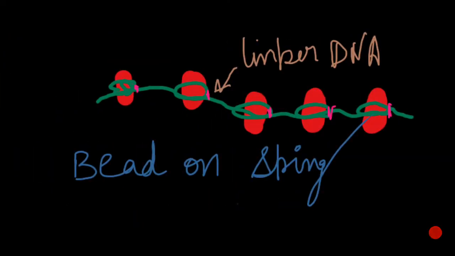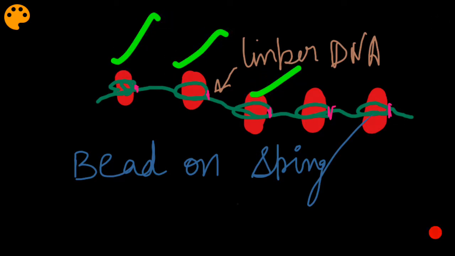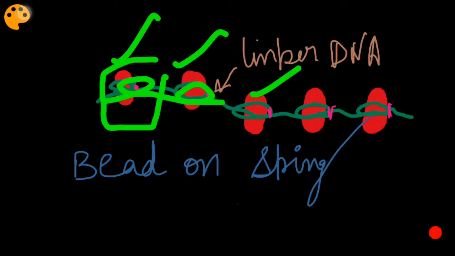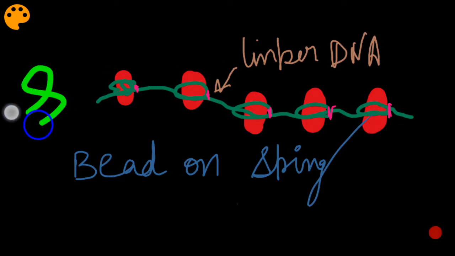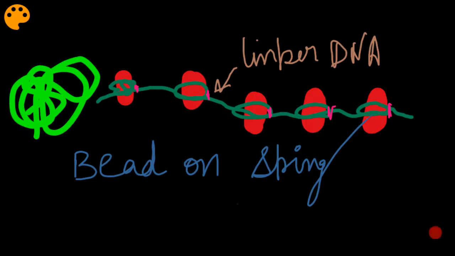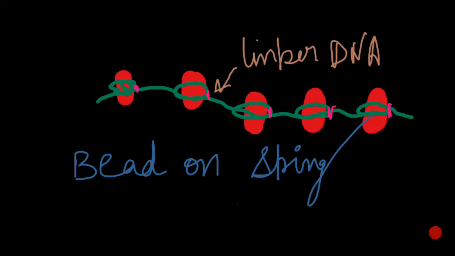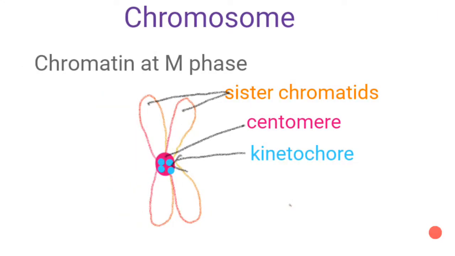The structure looks like beads on a string. These beads on a string in interphase will look like a noodle like structure, but then when they keep on condensing, they will take the structure of chromosome, something like this.